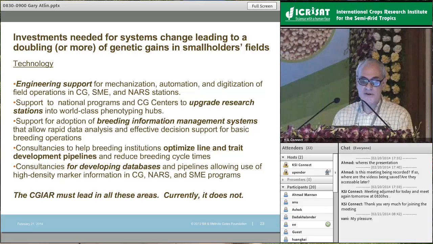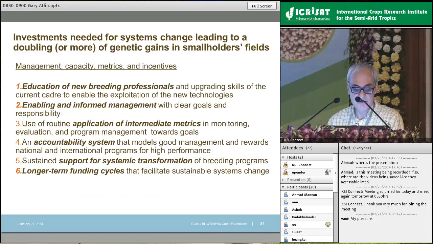It also requires investments for systems change in the area of management, capacity, metrics, and incentives. So in terms of upgrading skills of professionals to use methods that they weren't trained to use, enabling informed management with clear goals that take responsibility for gains in their programs.